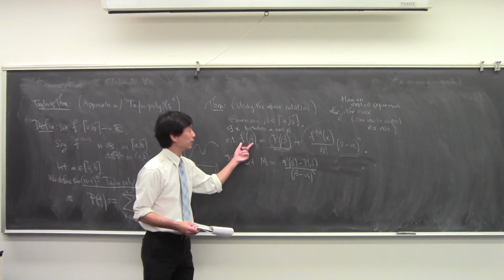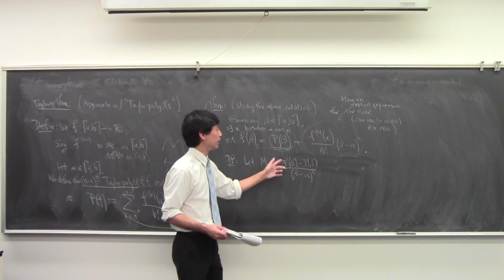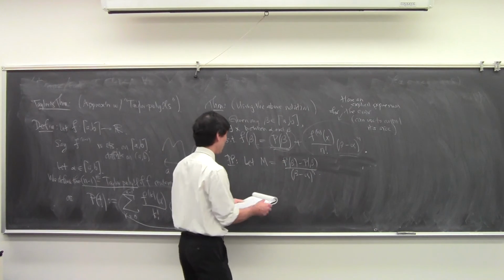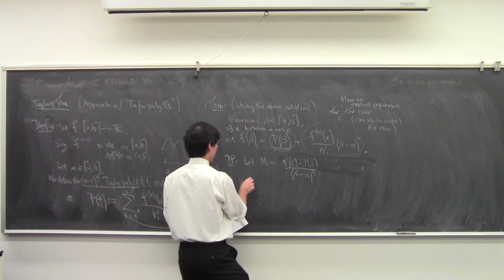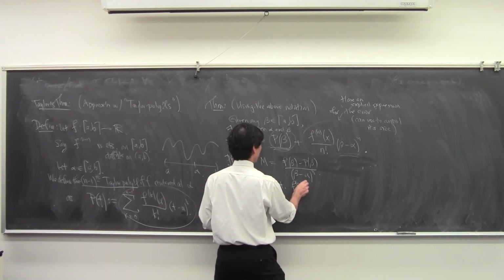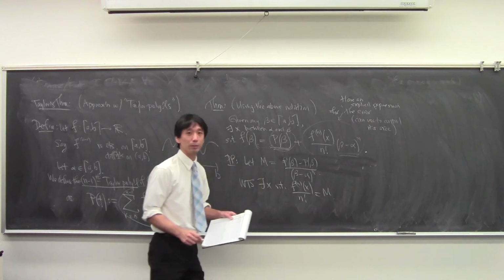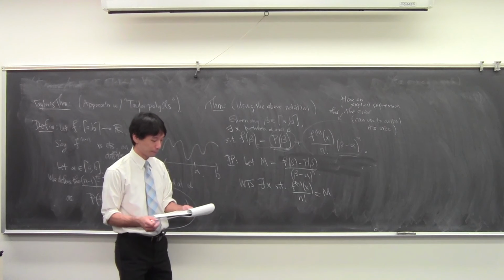That thing is m, and of course we want to show that there exists an x where f^(n) of x over n factorial equals m. I'm just rephrasing the problem.